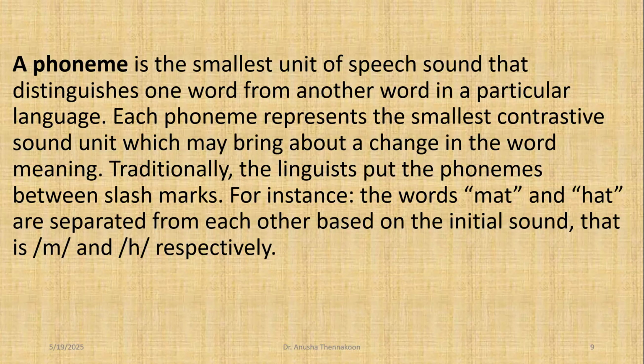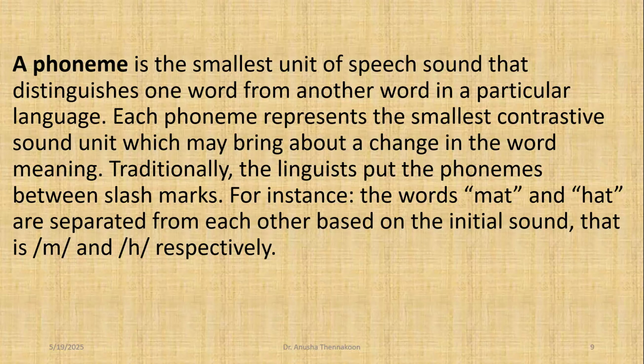Okay, so here you see mat, hat. Mat is a separate word from hat, and they become two different words because of one phoneme difference. For example, the at is in both, but the first one is m, the second one is h.